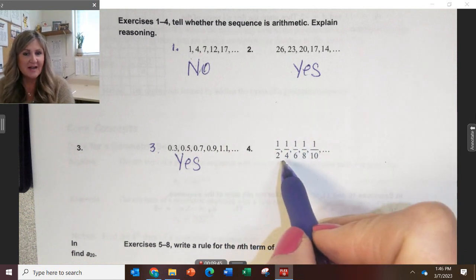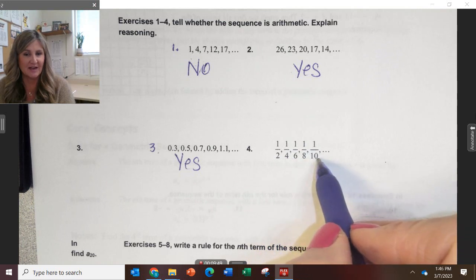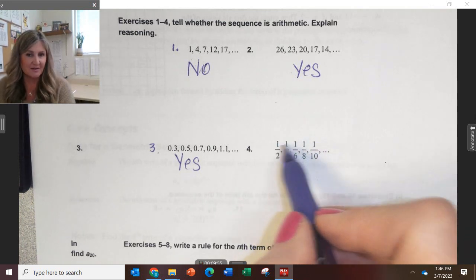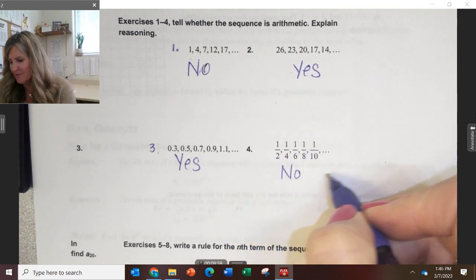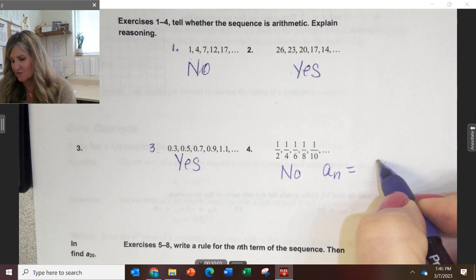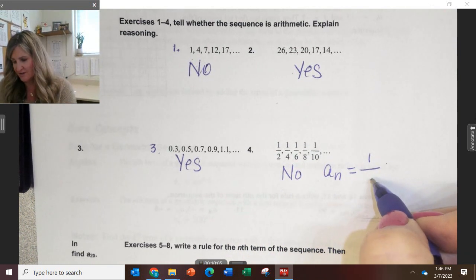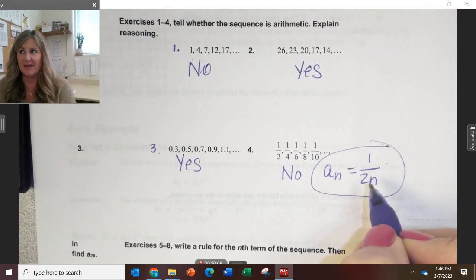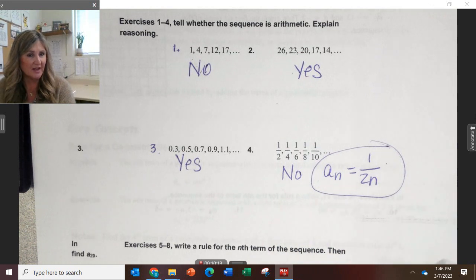No. This one is kind of tricky because a lot of times people look at it and they're like, well, we're adding 2 every time. We're only adding 2 to the denominator, not to the entire value. So this is a no. Could you come up with this one? A sub n equals what? 1 over 2n, yep. That is not arithmetic. Arithmetic would have to be nd plus question mark or the other formula we discussed.